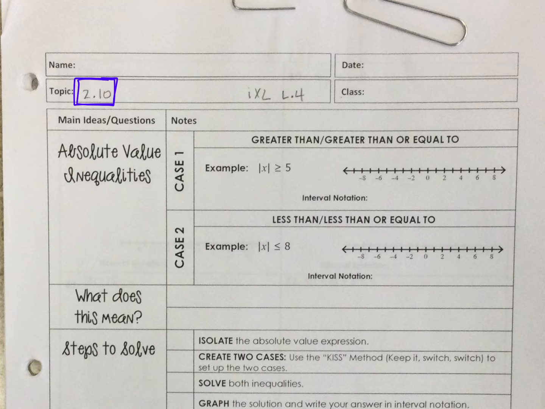And you remember, if I had absolute value of x is equal to 5, when he comes out of jail, he has two choices. He can be positive or he can be negative, remember?